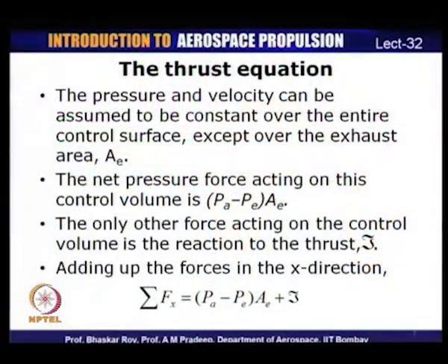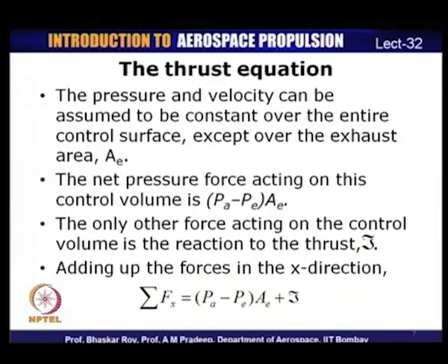So, with this in mind, we are also going to assume that the pressure and velocity are constant over the entire control surface, except over the exhaust area, because we have seen that at the exhaust the velocity and pressure can be different, and elsewhere we can assume that the pressure and velocities are constant.